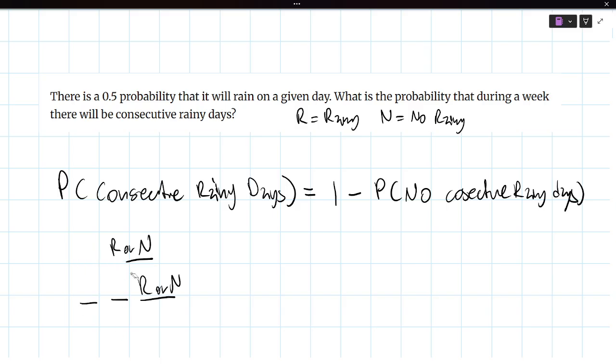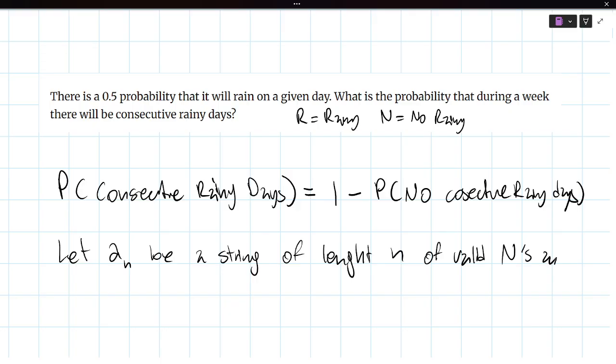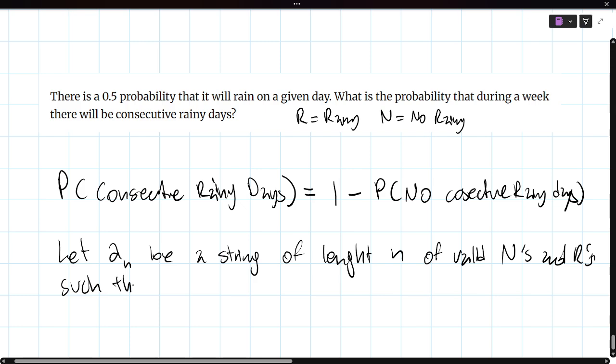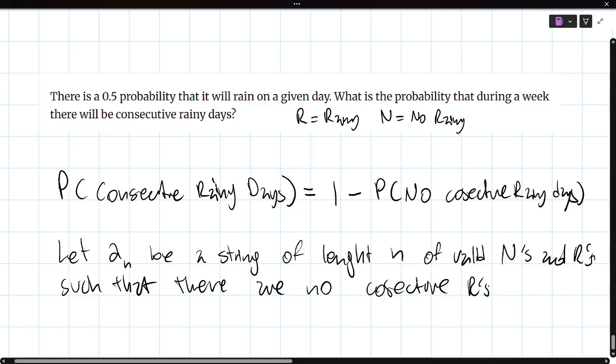So if I use this concept, I hope it makes sense, and I say let A of n be a string of length n of valid R's and N's such that there are no consecutive R's.